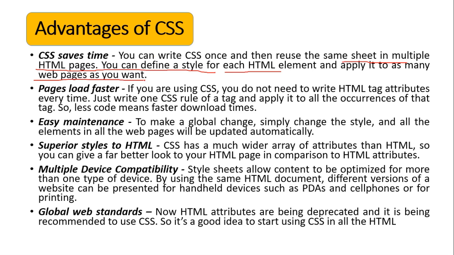Like in our previous classes in HTML, suppose you have two different heading 1 elements with text. If you want to change the font color of all the heading 1s to red, we have to define the font color for each of those heading 1s. But if we use CSS by creating our CSS file, in a single sheet we can change the font colors of both of those heading 1s.